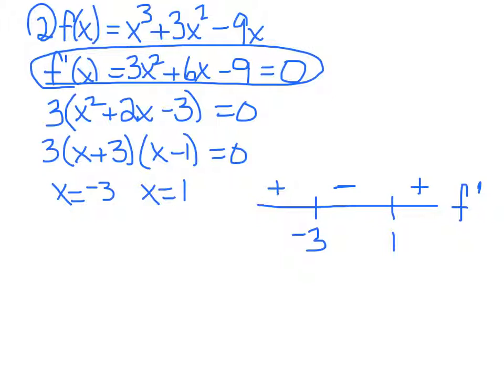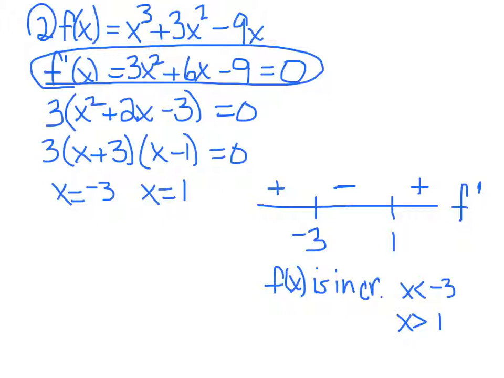Okay, now by looking at this, what we see is that f of x is increasing in 2 spots. It's increasing when x is less than -3. It's also increasing when x is greater than 1. All right.